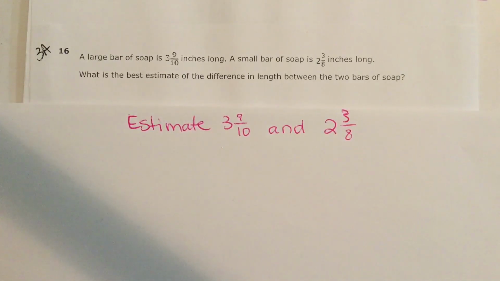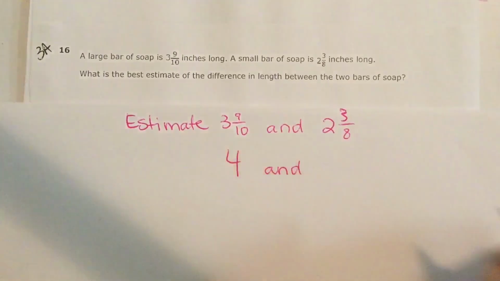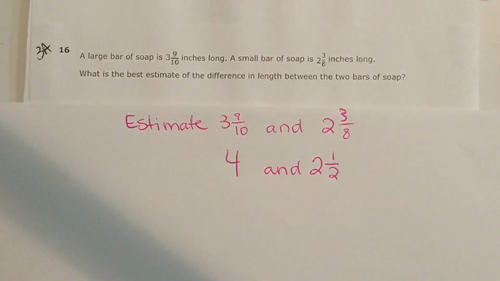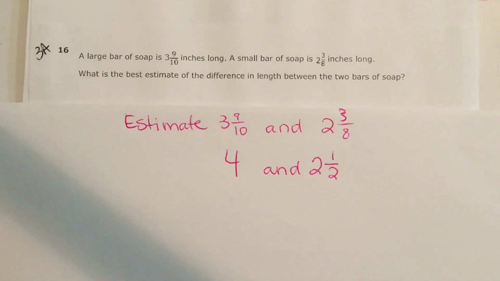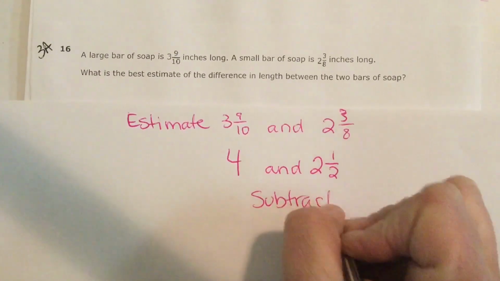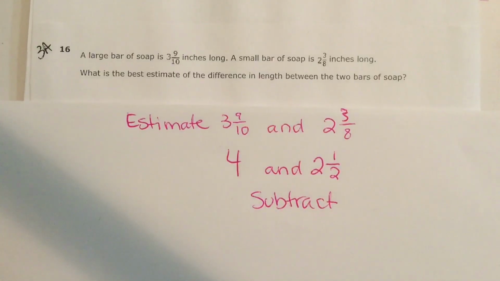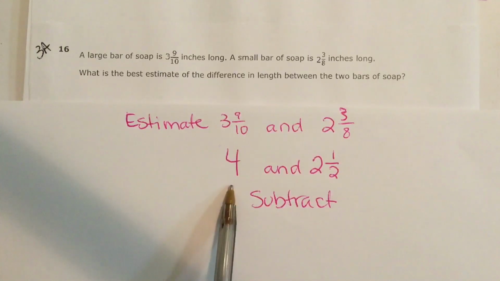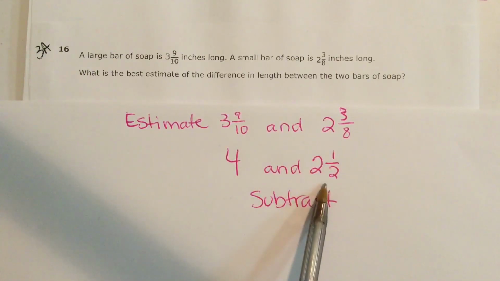And 4 would be half of 8. So 3 9/10, 9/10, that's close to 1 whole, so that would be 4. And we'd estimate 2 3/8 to be 2 1/2. And then we're looking for the difference, so you would tell me that you're going to subtract, right? So your answer, you would write estimate 3 9/10 to be 4, 2 3/8 to be 2 1/2, and then subtract. That's all you would put, okay?